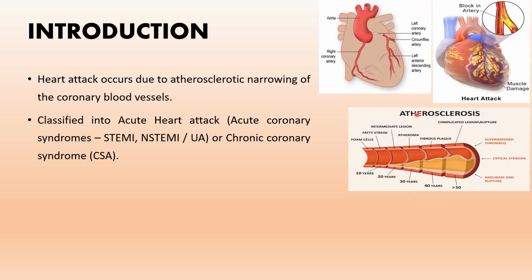So this is the process of atherosclerosis, which starts from our childhood, where there is gradual accumulation of fat by 20 years, gradually increasing in amount in the coronary blood vessels, and finally eventually leading to occlusion of the coronary blood vessel supplying the heart. So how is it different in acute and chronic scenarios?